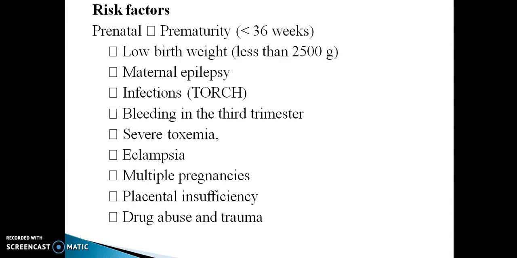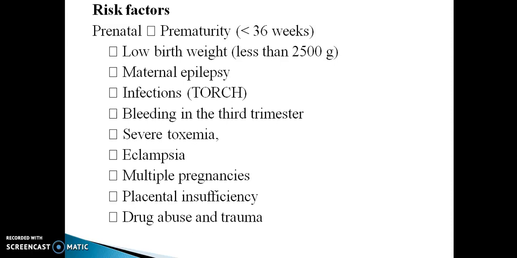Bleeding in the third trimester, the last quarter of pregnancy, is a possibility for cerebral palsy. Severe toxemia, any kind of intoxication or toxin taken by the mother, is common. Eclampsia, any vascular disorders, and multiple pregnancy also contribute. If the mother's age is advanced, she has undergone many pregnancies, and her health is not good, these can also lead to cerebral palsy in the child.